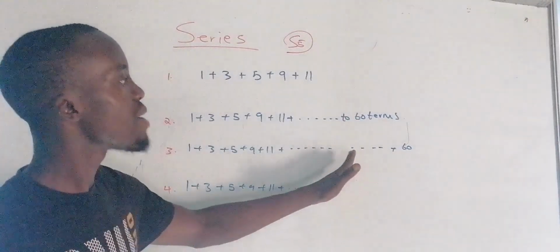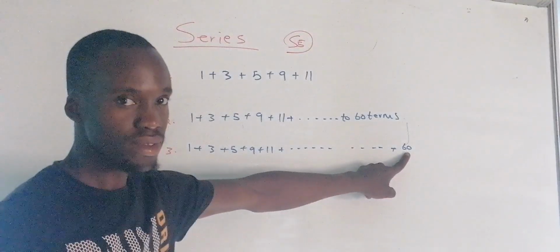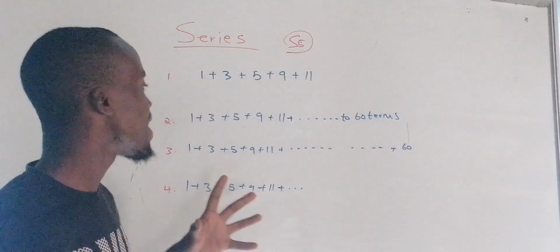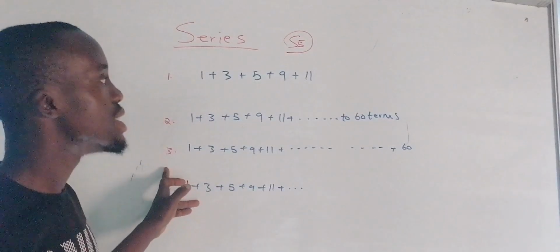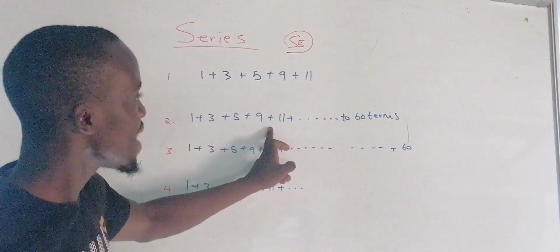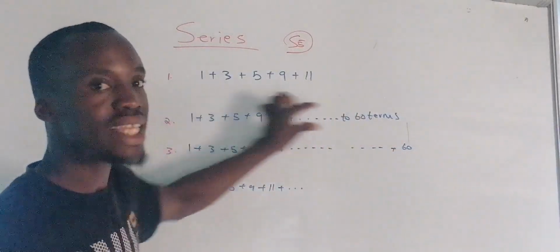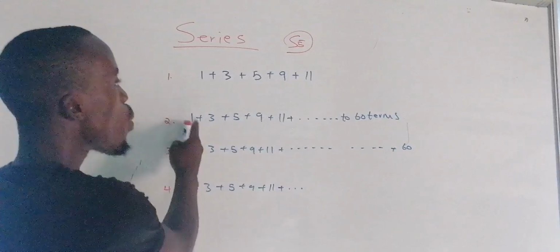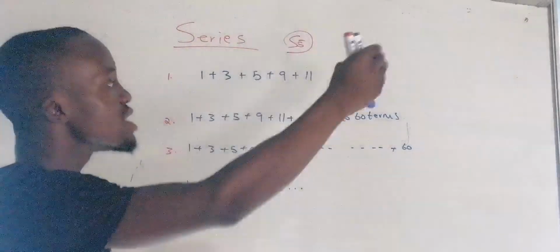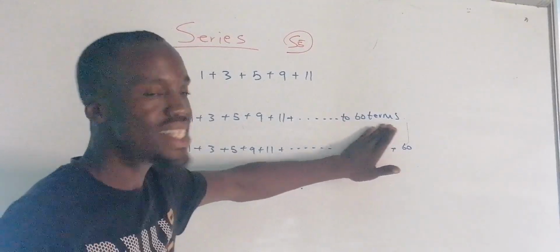The last term that they added is 60. This is the last term of all the terms that are added in option number 3. But when we check option number 2, here they didn't add 60, but they added all these terms. When counting 1, 2, 3, and so on up to 59, 60, they added 60 terms.